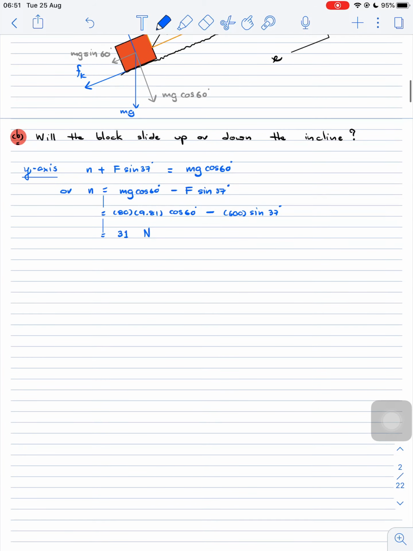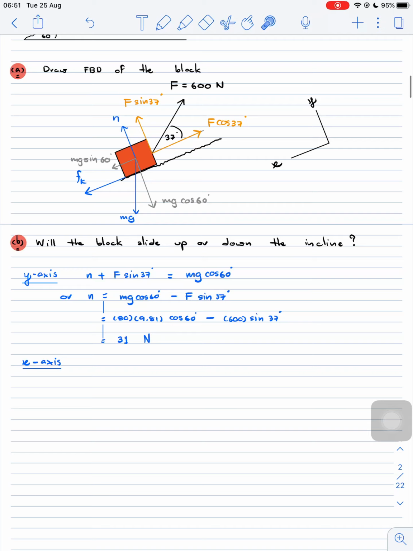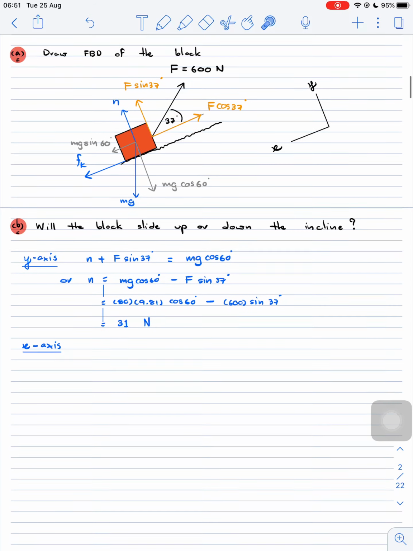Okay, so now let's consider the x-axis. Again, as I mentioned before, we need to compare the F cosine 37 degrees and the mg sine 60 degrees and see which one has the larger magnitude.